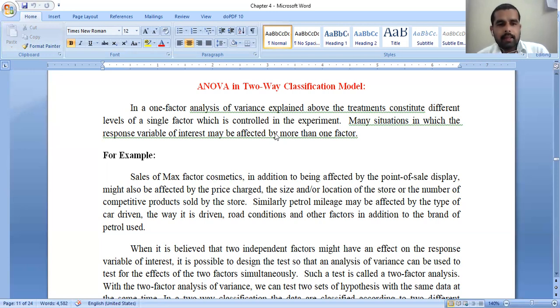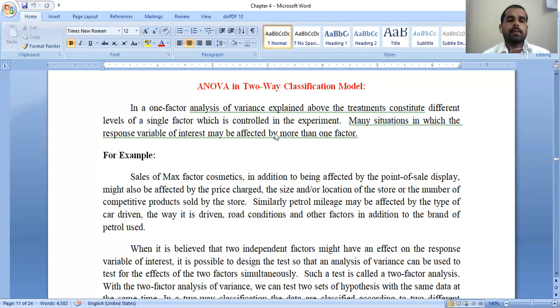Sales of Max Factor cosmetics, in addition to being affected by the point of sale display, might be affected by the price change, the size or the location of the store, or the number of competitive products sold by the store.